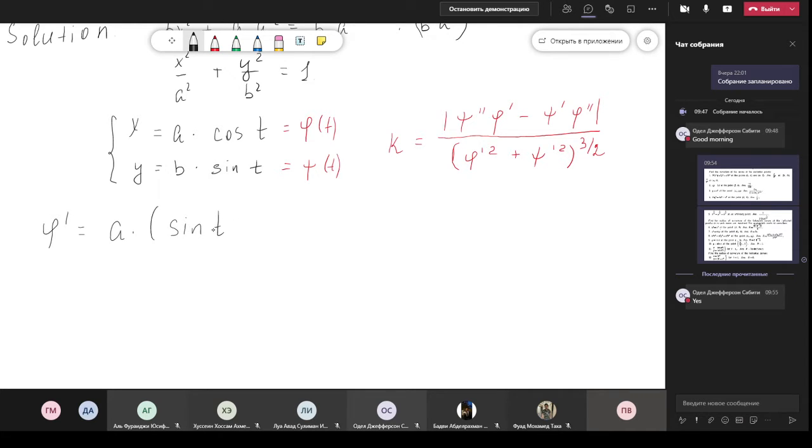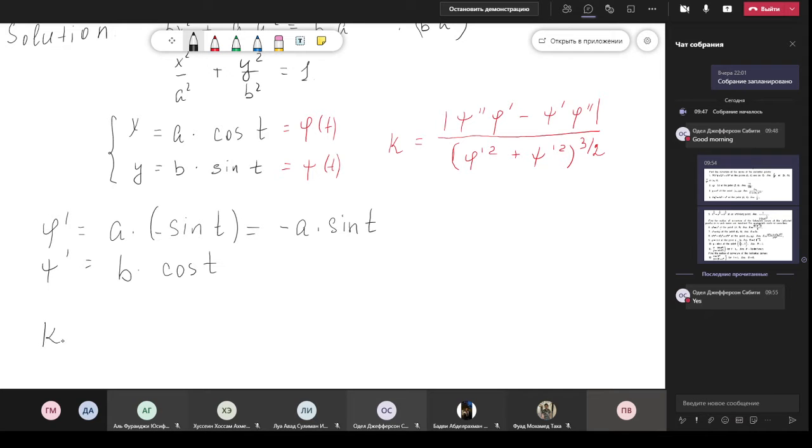And we will have minus a times sine of t. And psi prime of t is y prime. Psi is b times sine of t. B is constant, write it down, and the derivative of sine is cosine, so plus b times cosine of t. And now construct the formula for k.